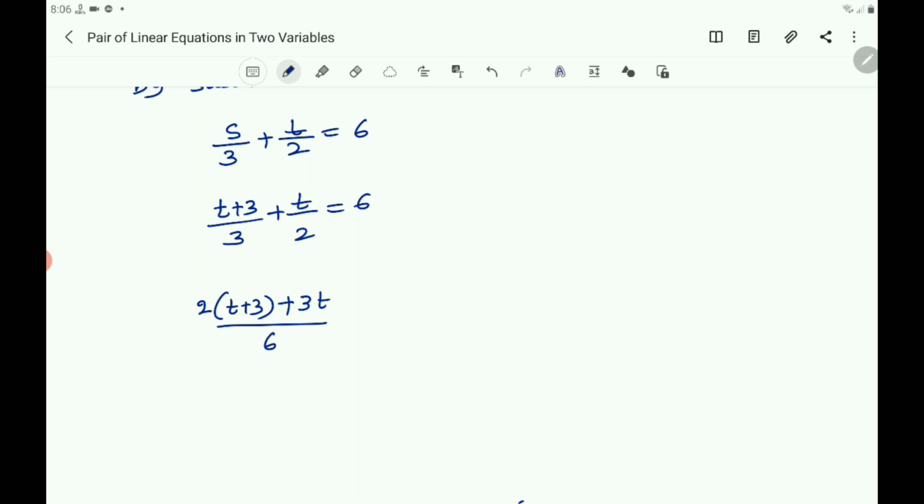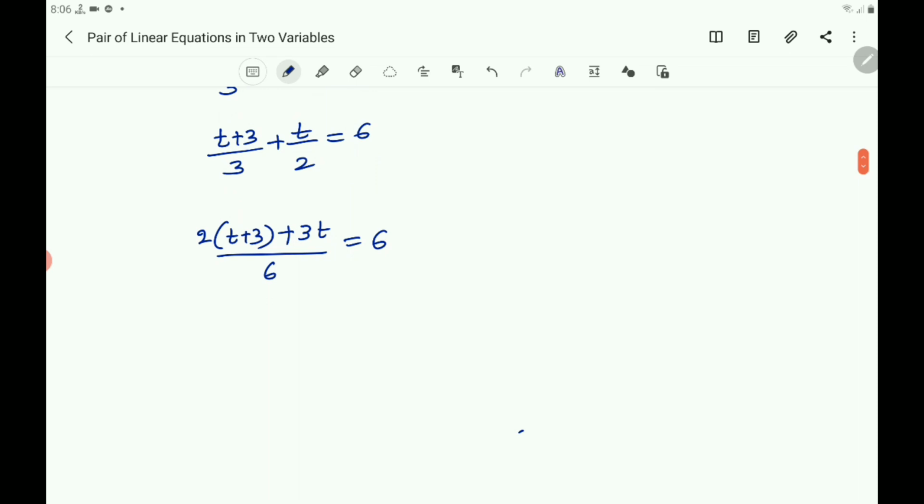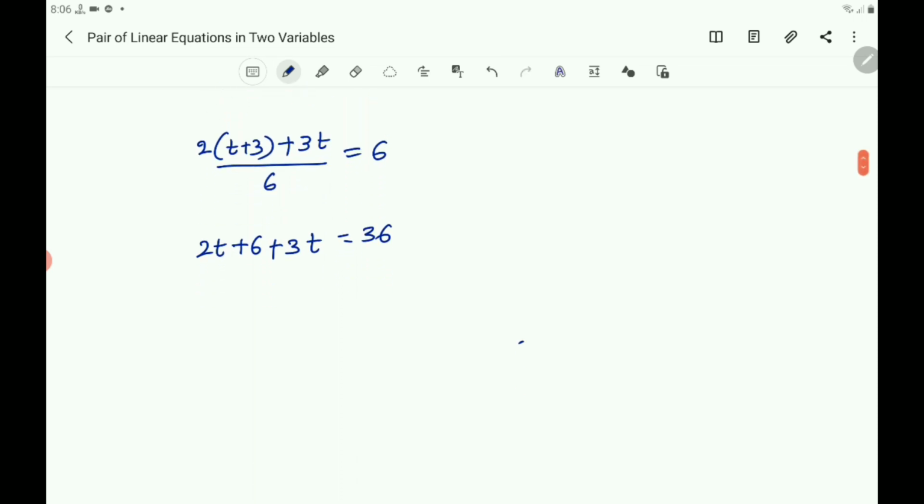So t into 3 becomes 3t, equals 6. Then you multiply 2 into t, 2t, 2 into 3, 6 plus 3t, and you take 6. Do the cross multiplication, that becomes 36.